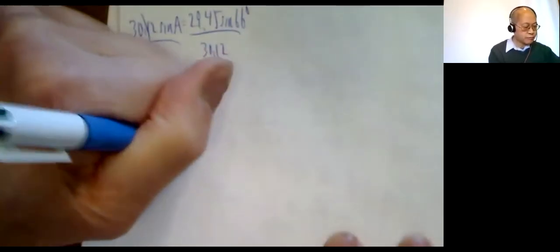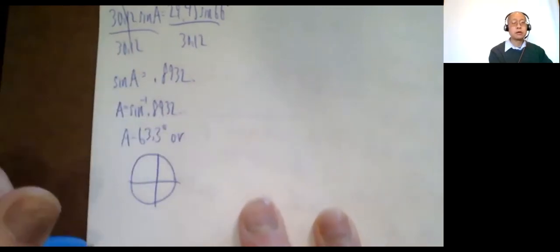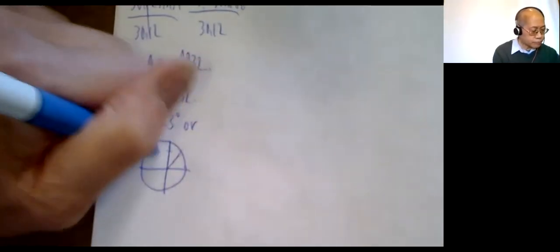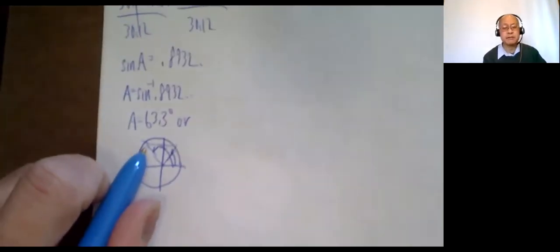But there could be a second quadrant angle. The y coordinate is 0.89, whatever. This is 63.3 degrees. We also have to figure this angle out.